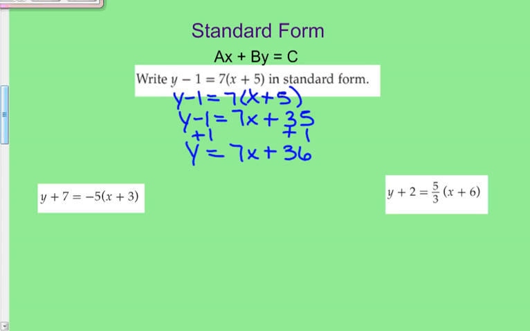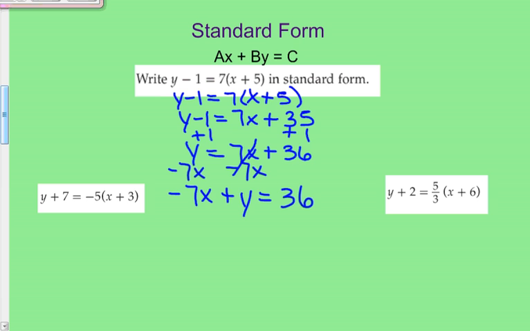Now I want my x and my y on the left. So all I have to do is move my 7x to the left side. So I have negative 7x, oh, I forgot my plus y. Hang on. Negative 7x plus y equals 36.